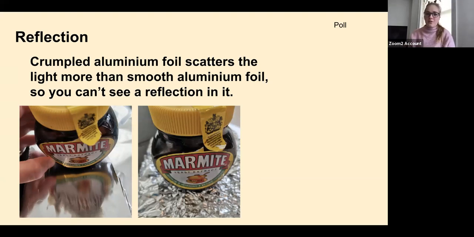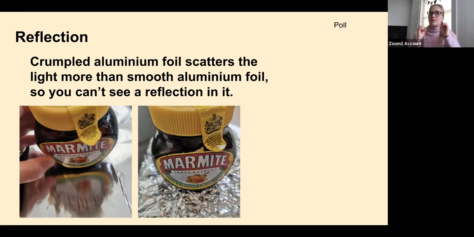Great. You guys are doing really well on this question. Why don't we see a reflection in a rough surface like the wall or a piece of paper? This is actually not because all of the light is absorbed by the surface. Depending on the color of the object, some light is going to be absorbed, but some wavelengths of light are going to be reflected. But whether or not these are reflected with specular reflection or diffuse scattering determines whether or not we're able to see a reflection.